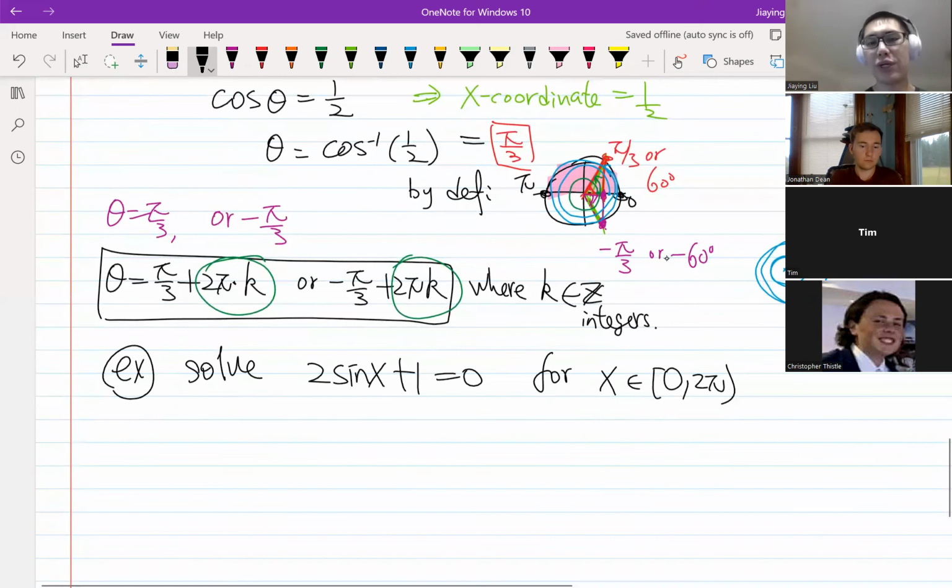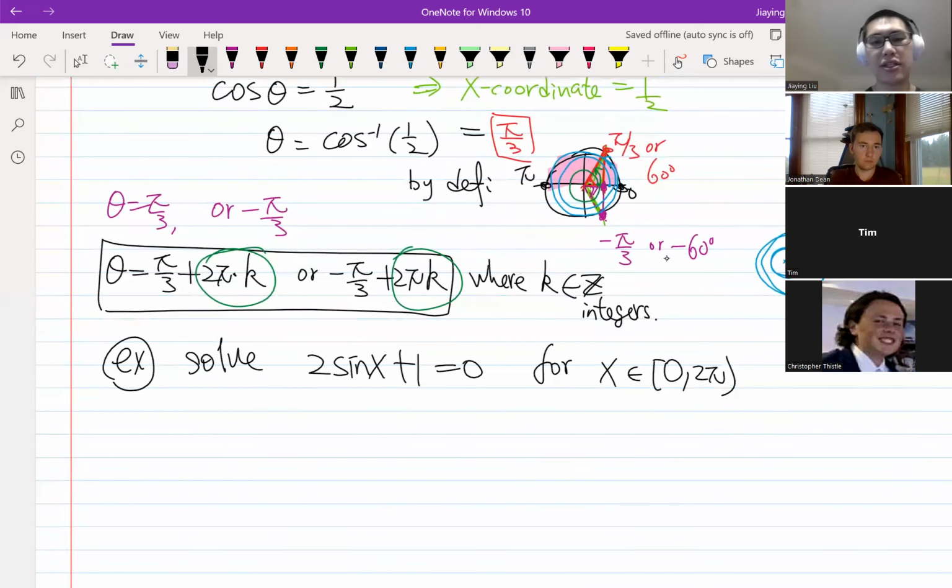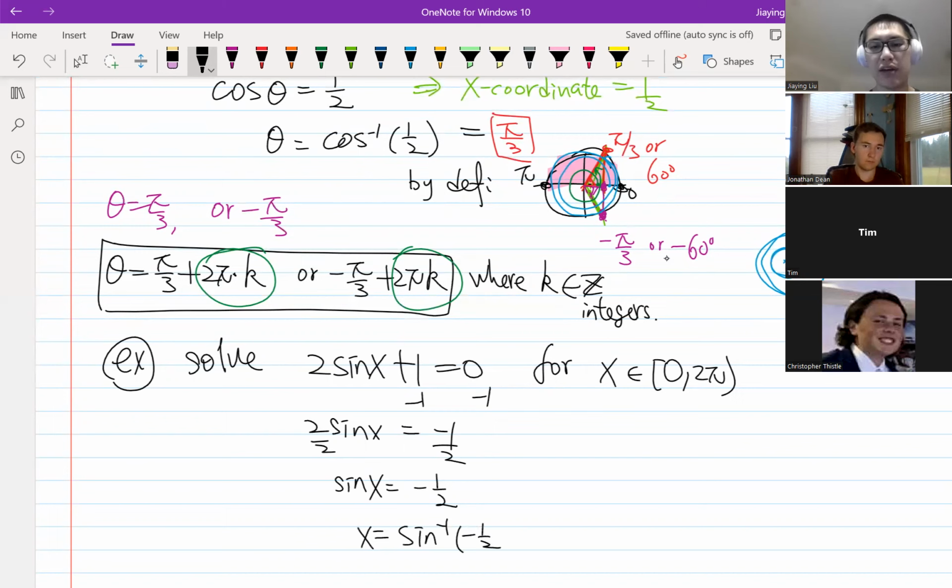So we're going to solve the equation as we normally do to find x. We subtract 1 on both sides and divide by 2. So we get 2 sine x equals -1, divided by 2 on both sides, we get sine x equals -1/2. And if we rewrite it using inverse sine notation, we get x equals inverse sine of -1/2.